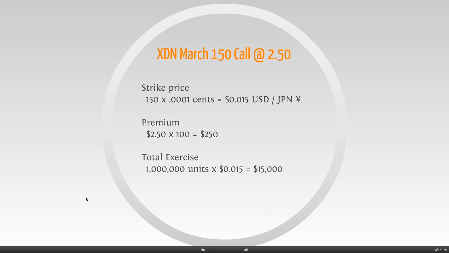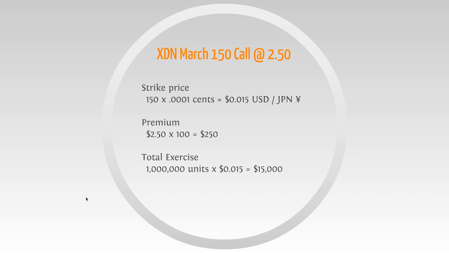And we can see another example, in this case for Japanese yen, the XDN. This is a March 150, so the strike price is 150 times 0.0001 cents to get the dollars per yen. Our pricing is $2.50, so our premium is $250 for a total exercise, again, of $15,000.